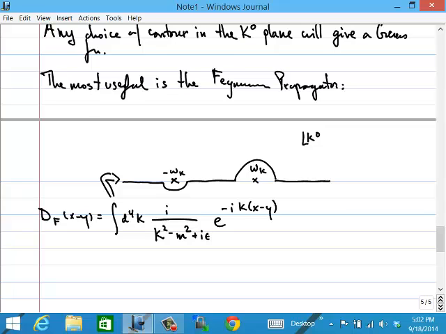So you imagine that epsilon is an infinitesimally small number, which will be taken to 0 at the end of the calculation. And all this epsilon does is it slightly rotates the contour.